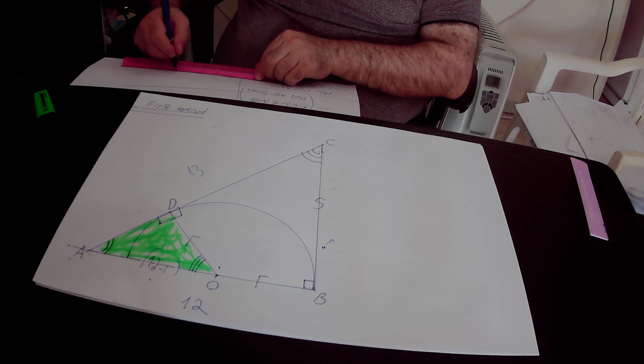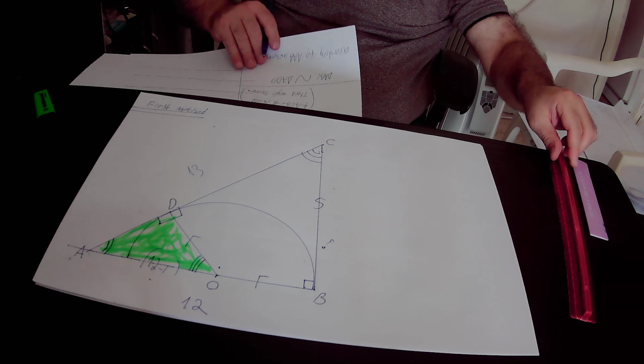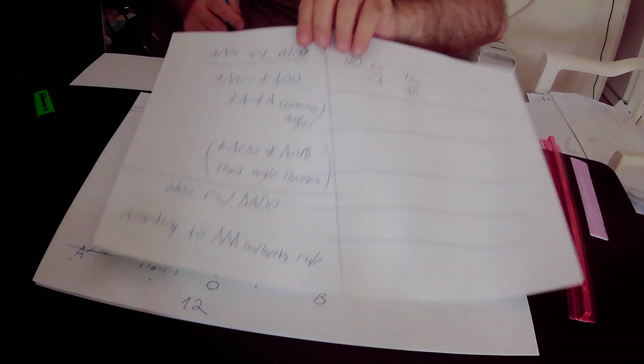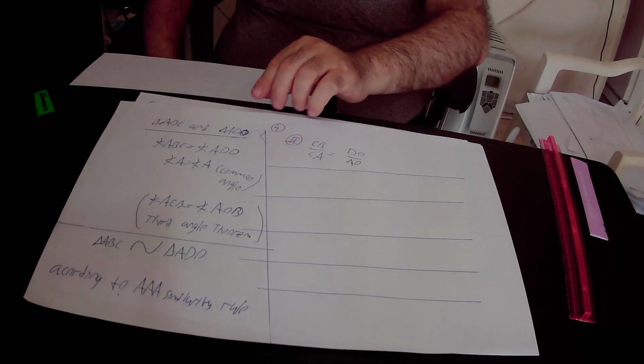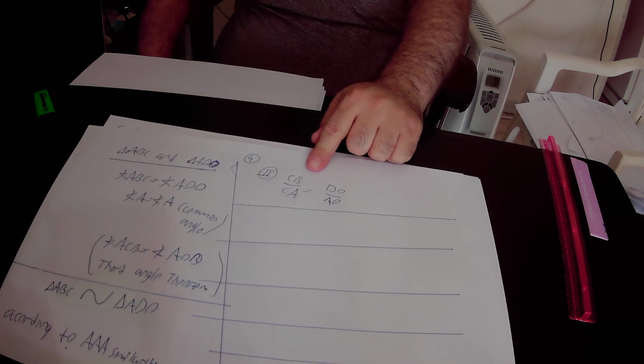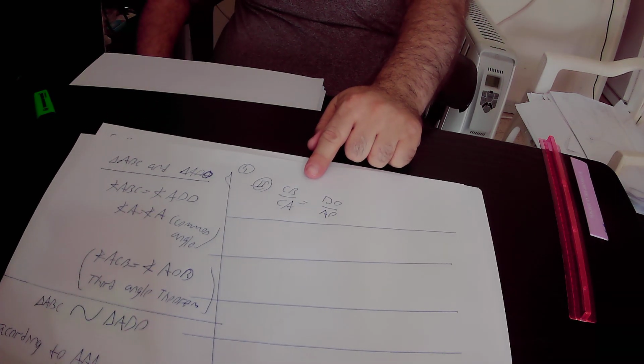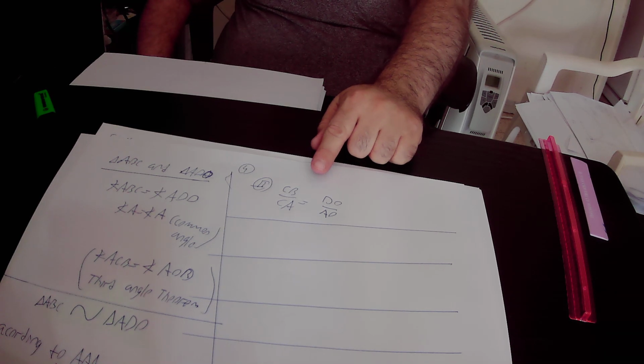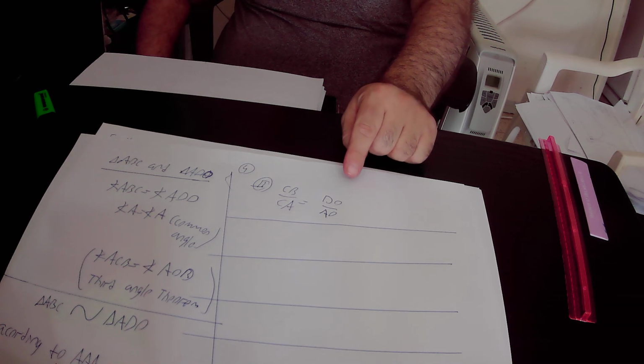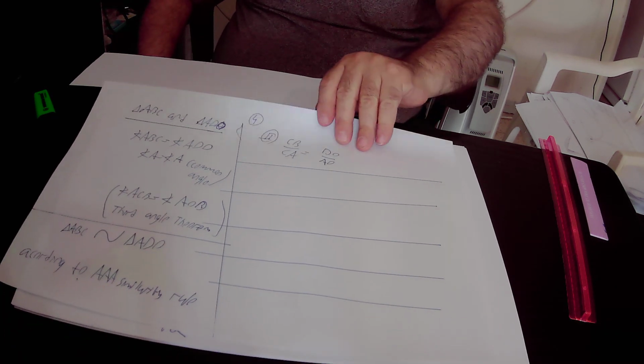I repeat again. From the fact that triangle ABC is similar to triangle ADO, we will conclude that CB over CA in the big right triangle ABC is equal to DO over AO in the green right triangle ADO.